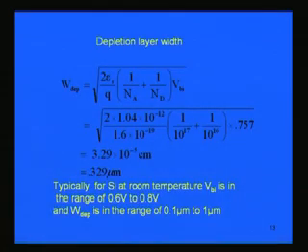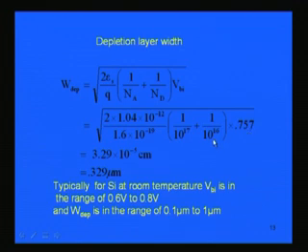Similarly, if we want to find the width of the depletion layer, we can calculate it for this example using this expression. Here we substitute all the information given to us: epsilon s and q we know, Na and Nd we already have, and VBI, the built-in potential we have just found, that is 0.757 volt.